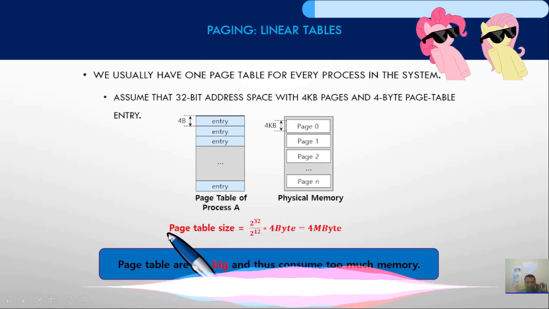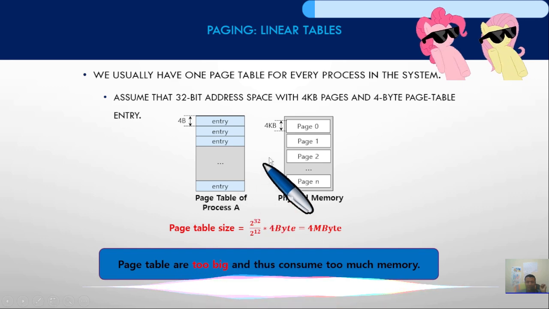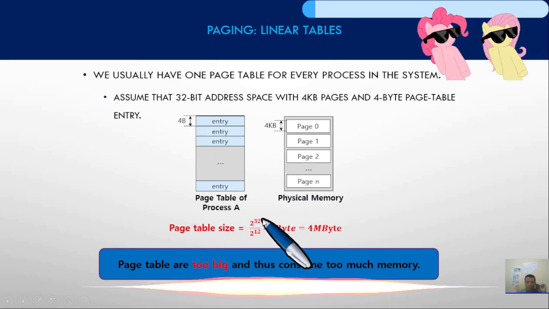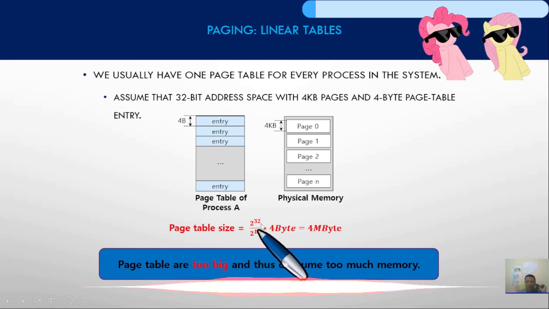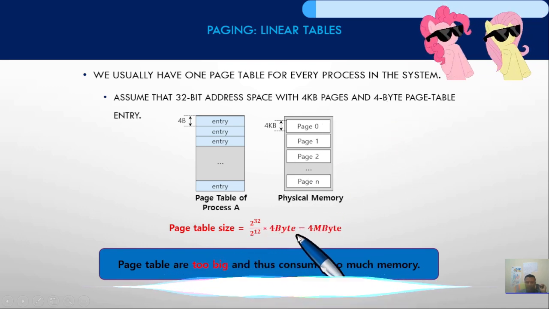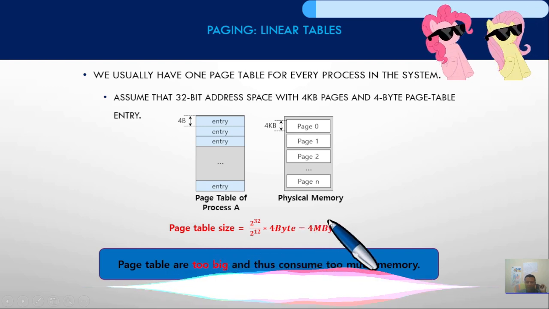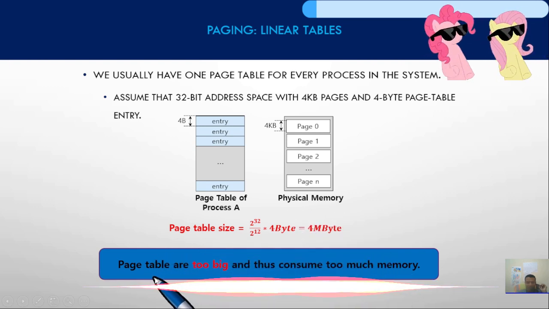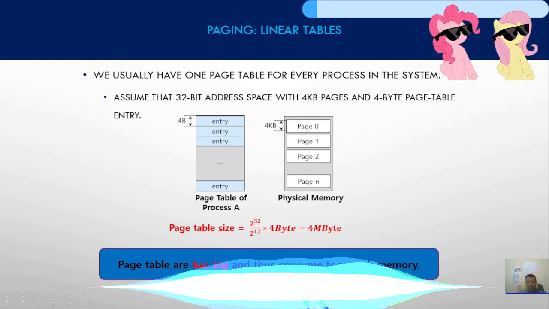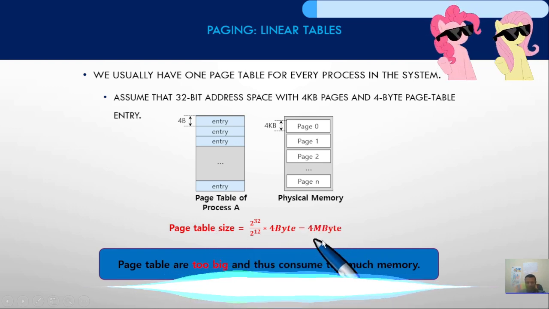If you calculate the page table size, we have 2 to the power of 32 over 2 to the power of 12, times 4 bytes. This is going to give us 4 megabytes of space. Page tables are too big and just consume too much memory. As you can see, we need 4 megabytes.